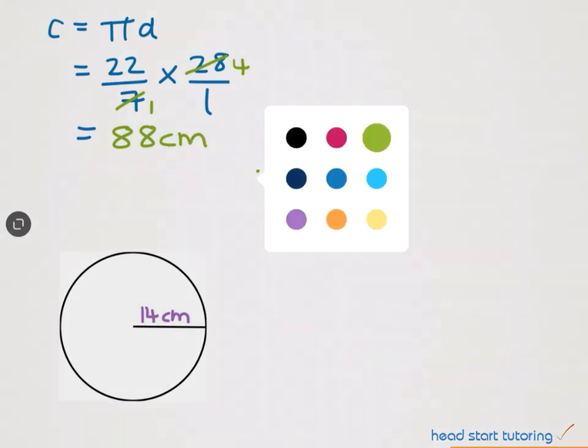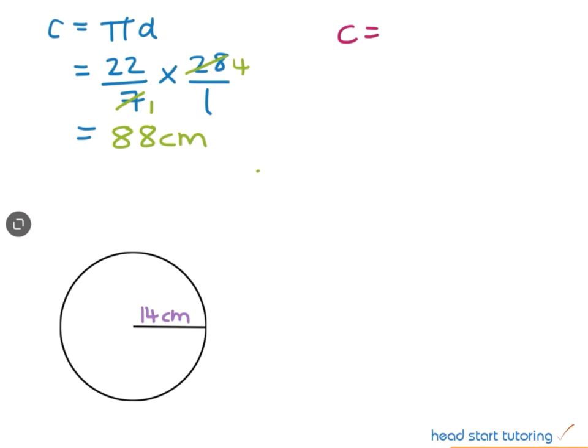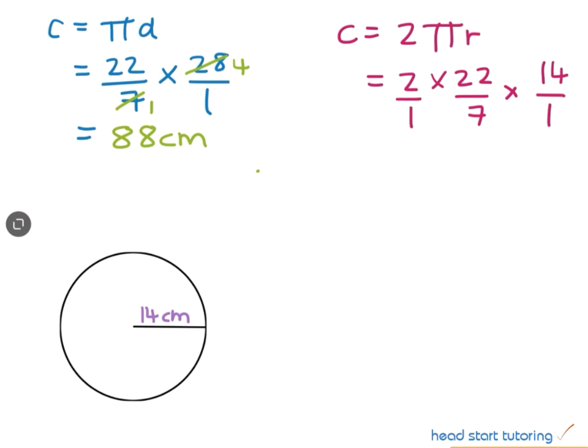If we now have a look at the circumference of this same circle using 2 pi r as the formula for our circumference, we will find that we end up with the same result when we are using pi equal to 22 over 7. So the circumference is equal to 2 times pi times r, so 2 times 22 over 7 multiplied by our radius, which is equal to 14, and we can put that over 1, and we can put our 2 over 1 as well, so that we are just working with fractions.